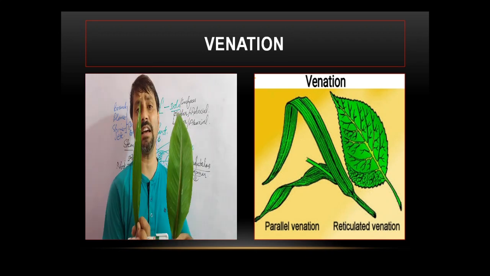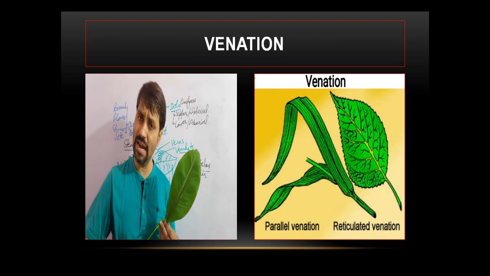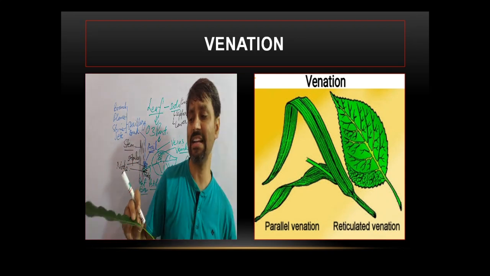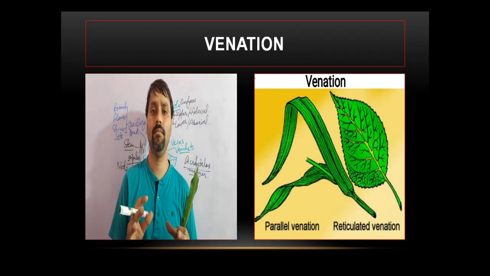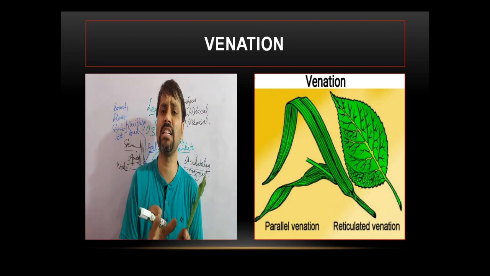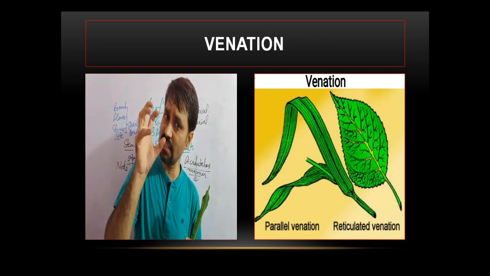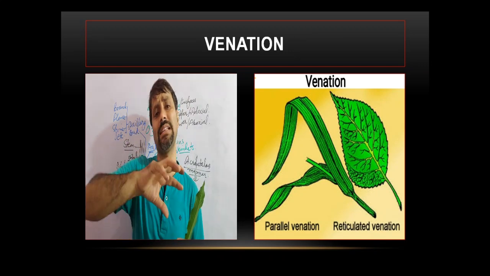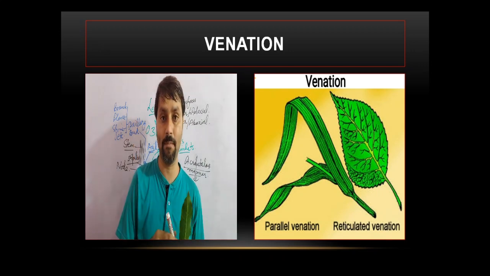So what I want to say is that different plants have different arrangement of the veins and veinlets over the lamina. Lamina के ऊपर अलग अलग प्लांट्स में जो वेन्स और वेनलेट्स का जो अरेंजमेंट है वो अलग अलग है. This arrangement of the veins and veinlets over the lamina is called venation, and it is of two types.